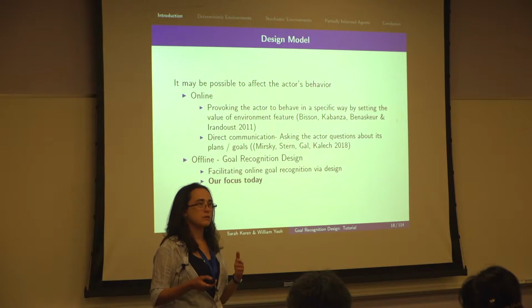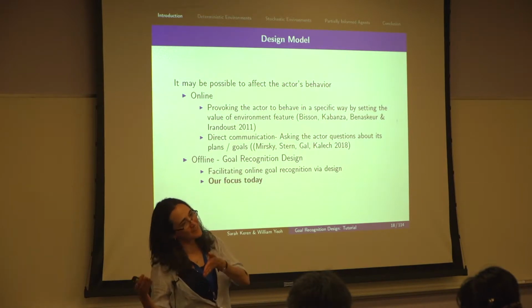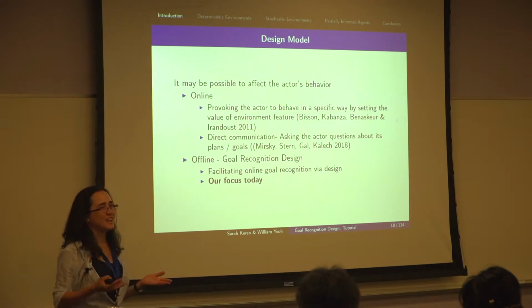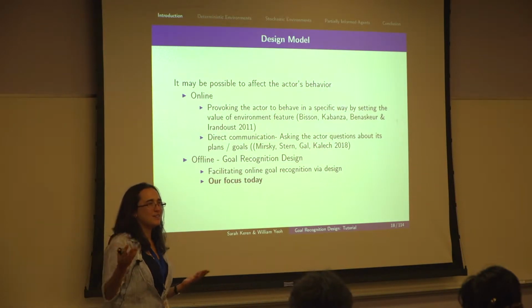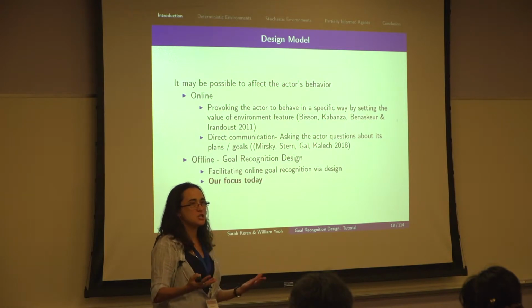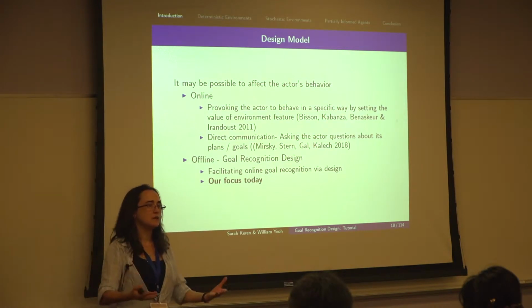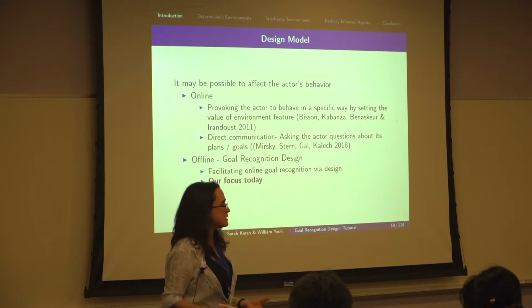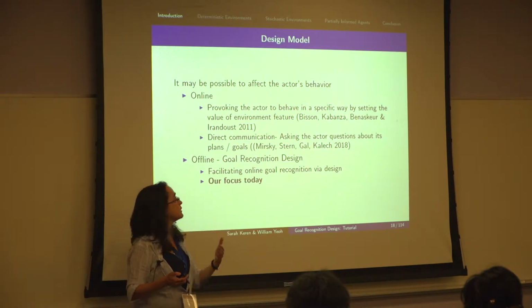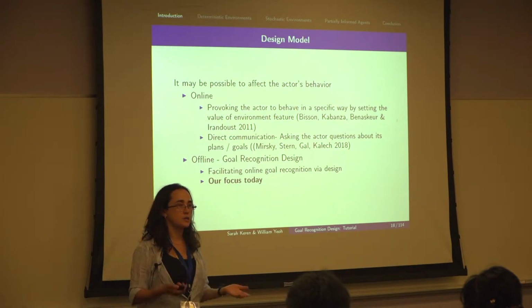The final element that we have in a goal recognition design model is the design model. Our work is not exclusive, in the sense that people have thought about changing behaviors, influencing behaviors via change. The work that preceded goal recognition design was mostly about online interaction with agents.